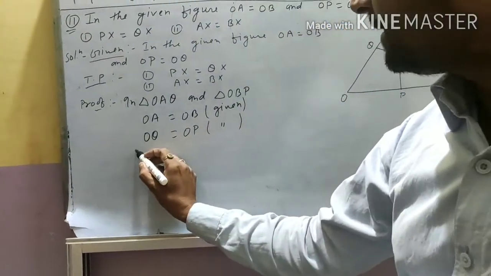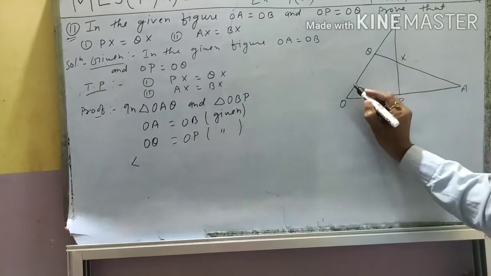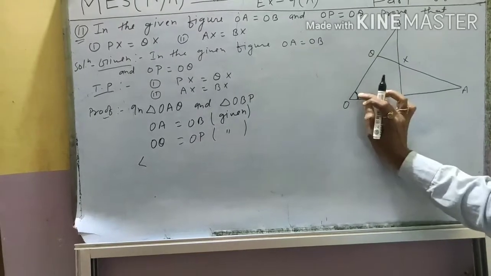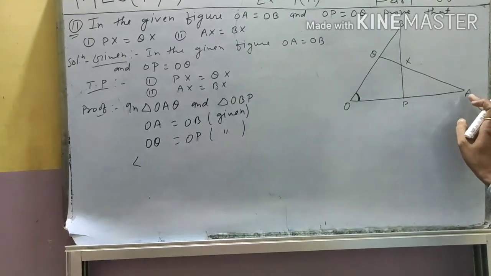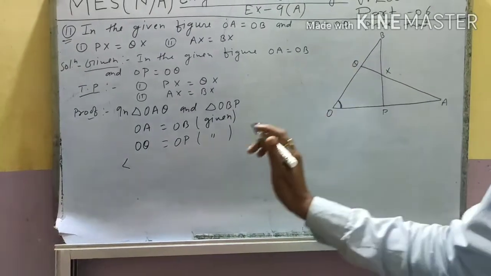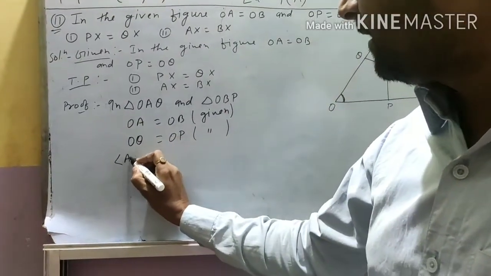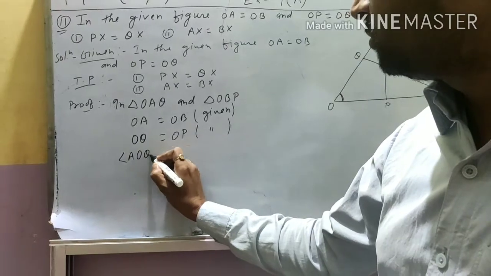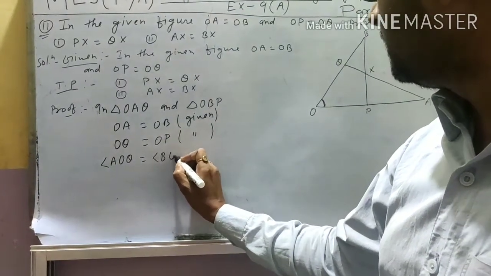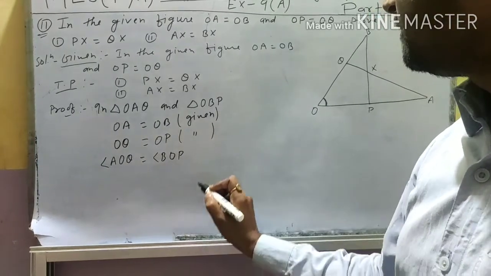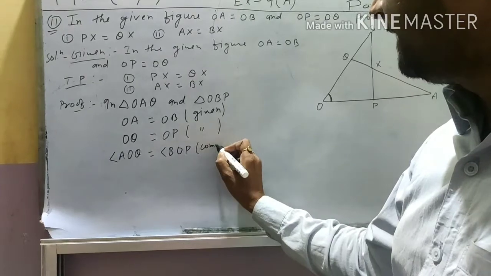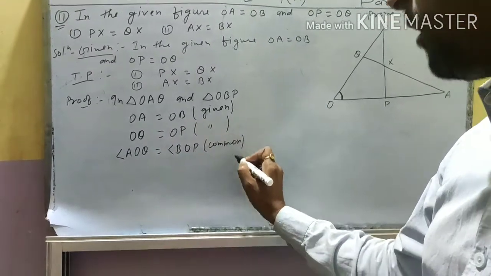And the third one is angle O equal to angle O. In both triangles, angle O is common. So write down angle AOQ is equal to angle BOP, a common angle.